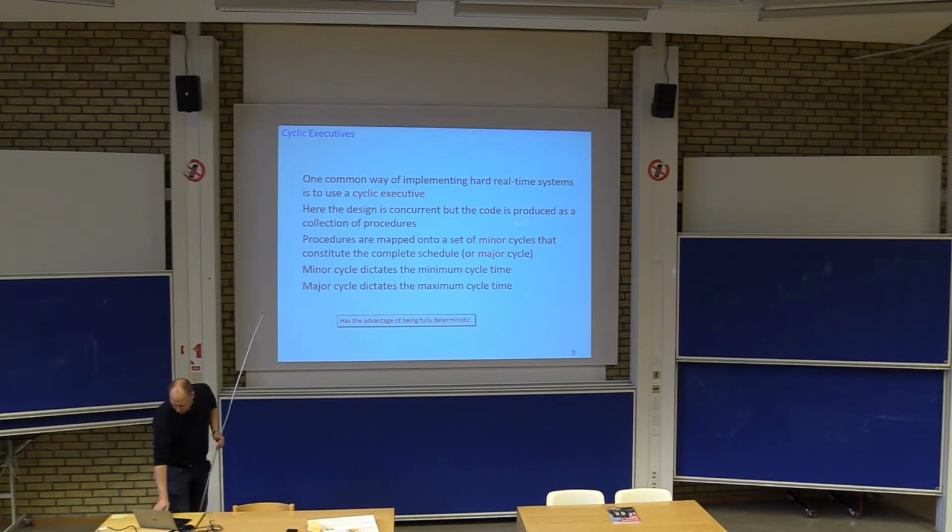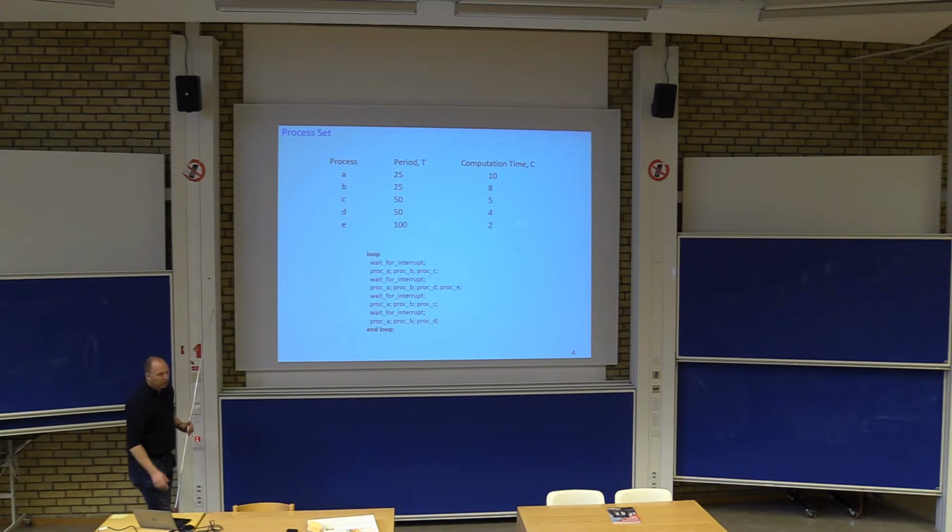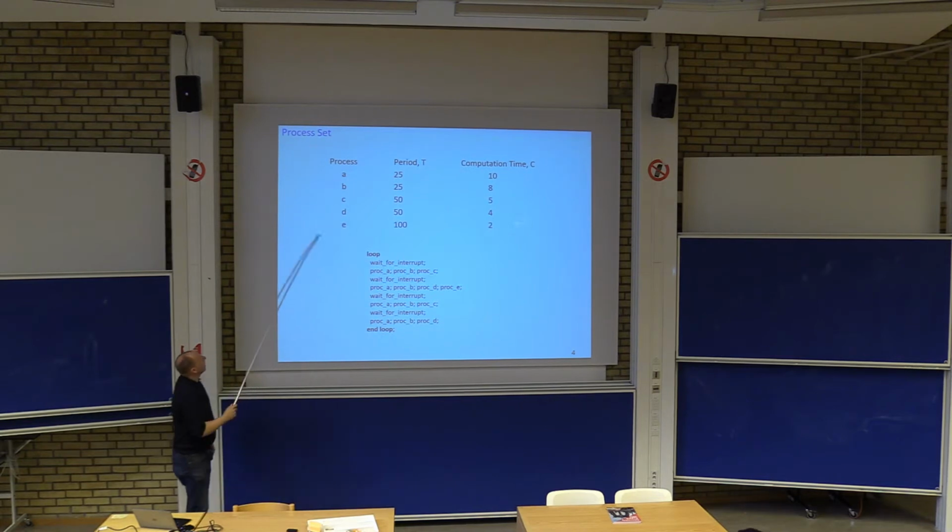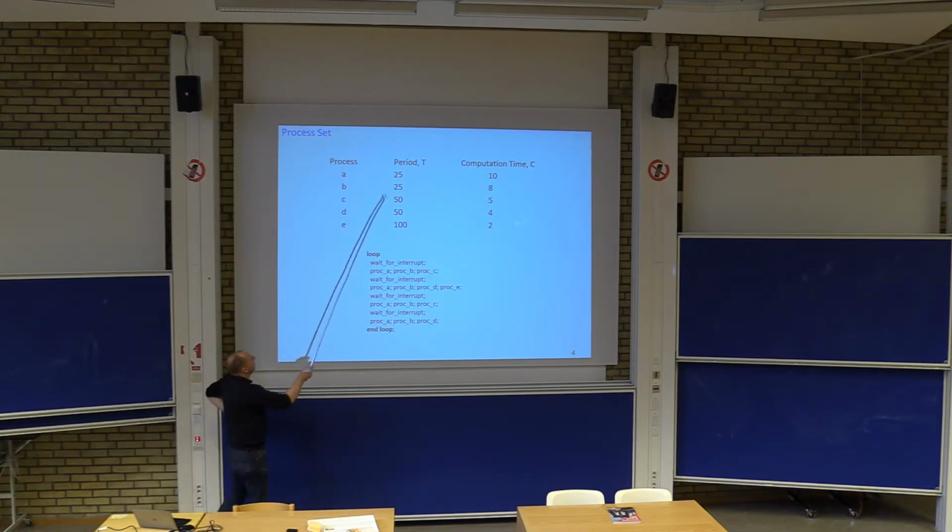I think this is best explained by an example. In this case we have 5 different processes or tasks, and you can see the period time here. That means that task A is executed every 25 milliseconds, or whatever the unit is, and then 50 and 100.